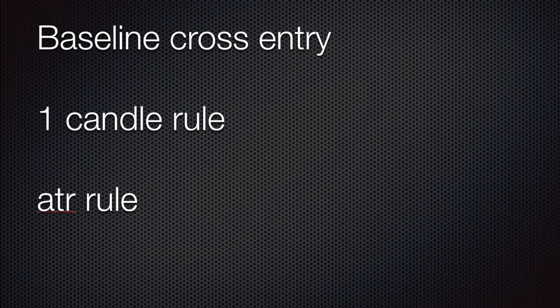Then there's the one candle rule, which states that you have one candle for the volume indicator to catch up, and you can still take the trade if price hasn't moved too much from the initial entry signal. Then there's the ATR rule, which means that the moving average plus the ATR value gives you a zone. So around that price zone, you are allowed to take trades.